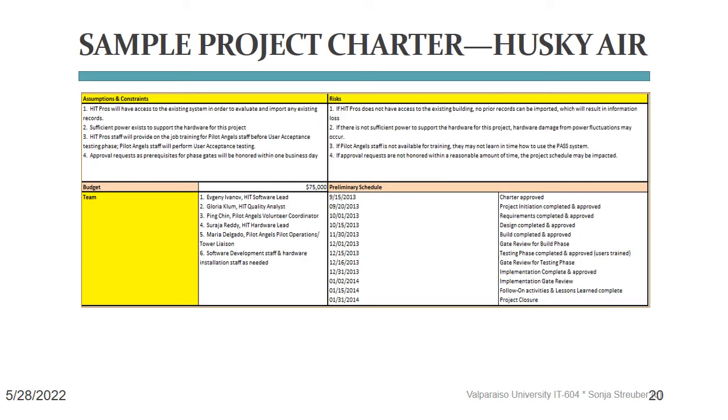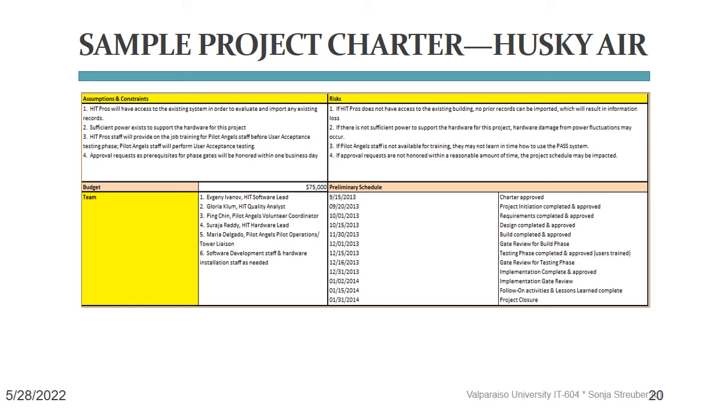The bottom third of our project charter consists of 4 important fields. Those are the assumptions and constraints, the risks, the budget, team, and preliminary schedule. The assumptions and constraints for a project are really a definition of the environment and the givens in the environment in which the project is being developed.